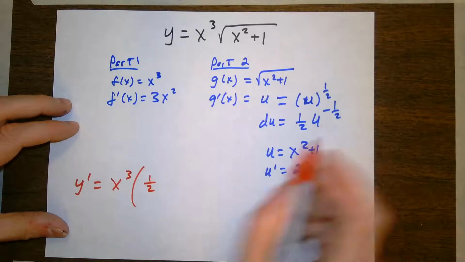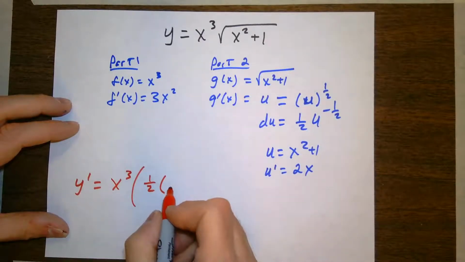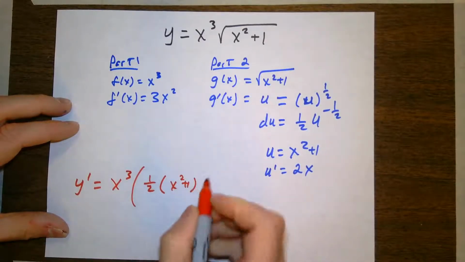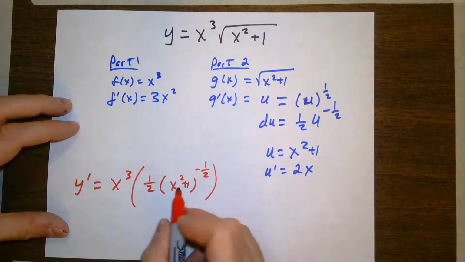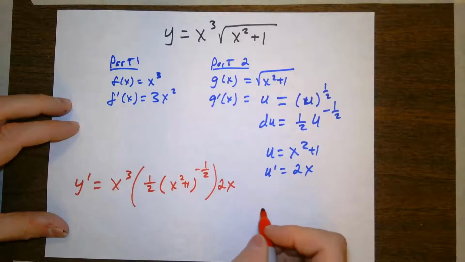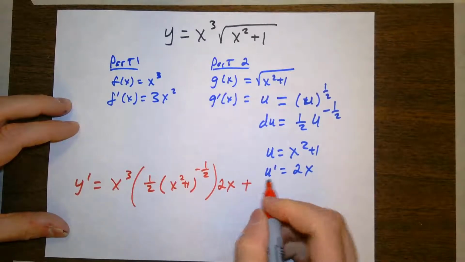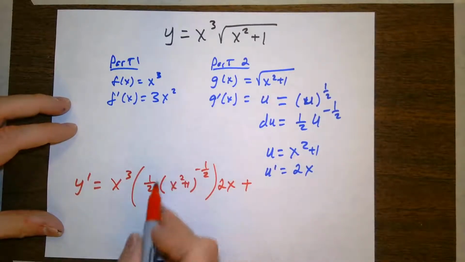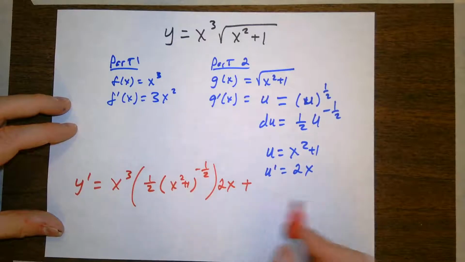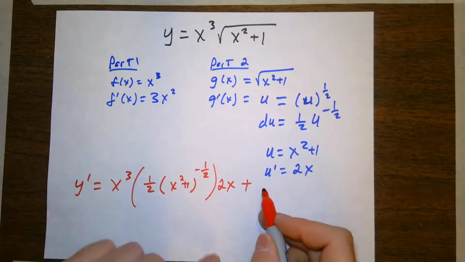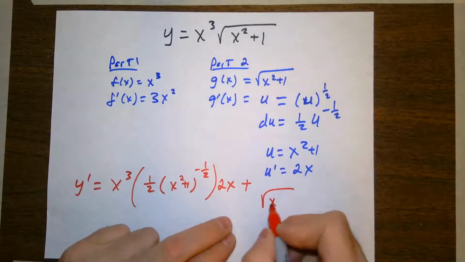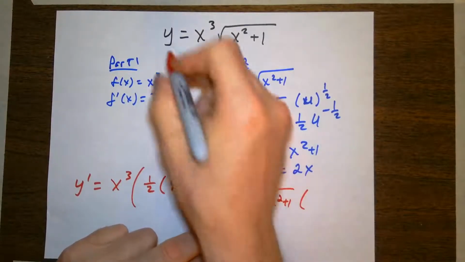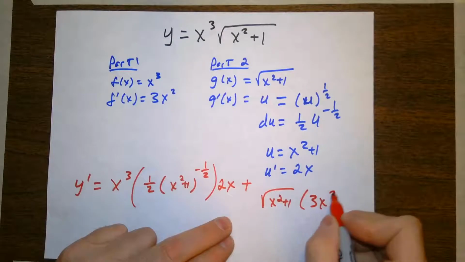It's x squared plus 1, times x squared plus 1 to the negative 1/2 power, times the derivative, 2x, plus the second, the square root of x squared plus 1, times the derivative of the first, 3x squared.